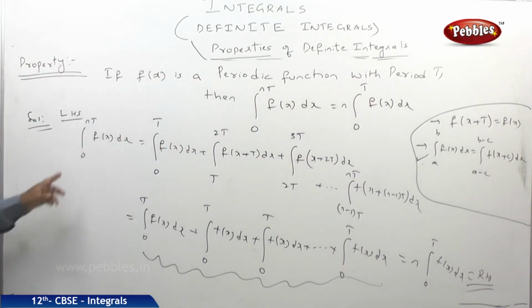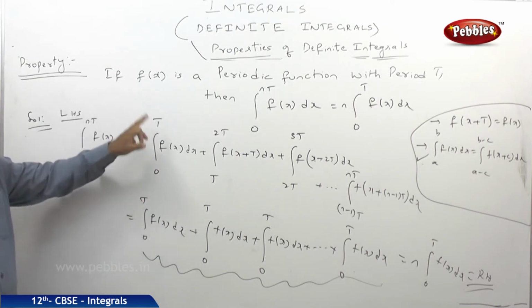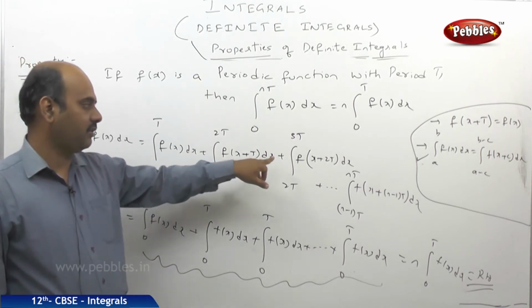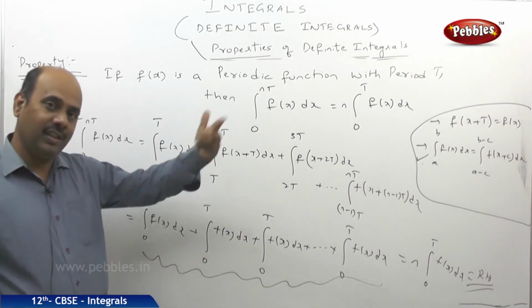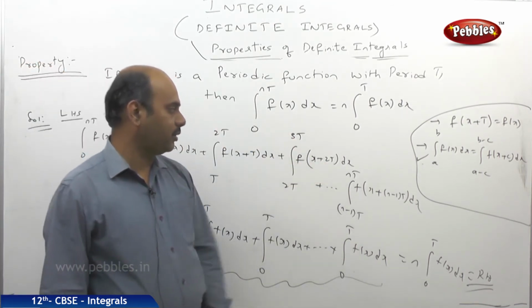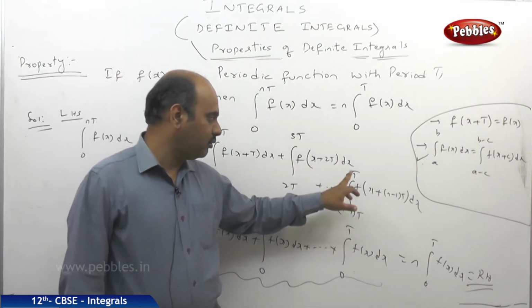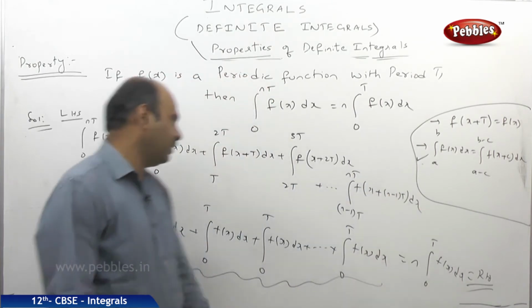So integral of 0 to nt f of x dx can be written like this: 0 to t f of x dx plus t to 2t f of x plus t dx. This is also obtained by the previous property. In the previous class we discussed integral 2t to 3t f of x plus 2t dx plus dot dot dot n minus 1 into t to nt f of x plus n minus 1 into t dx.